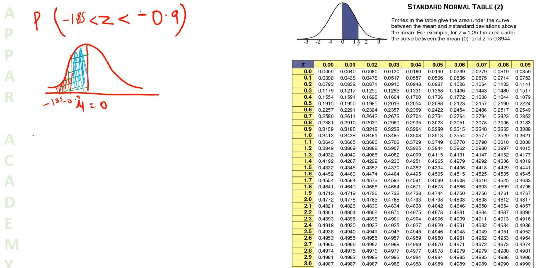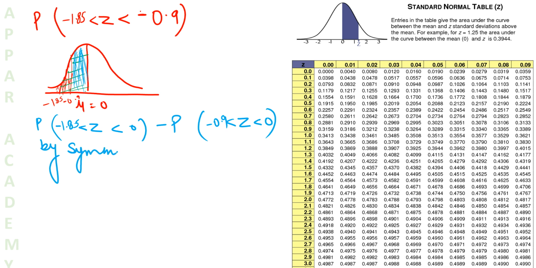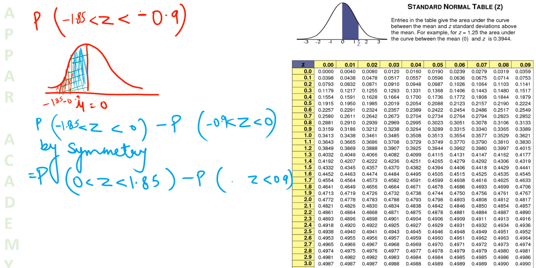So this is the probability that z lies between minus 1.85 and 0 minus the probability that z lies between 0 and minus 0.9. By symmetry, this is equal to the probability that Z lies between 0 and 1.85 minus the probability that Z lies between 0 and 0.9.